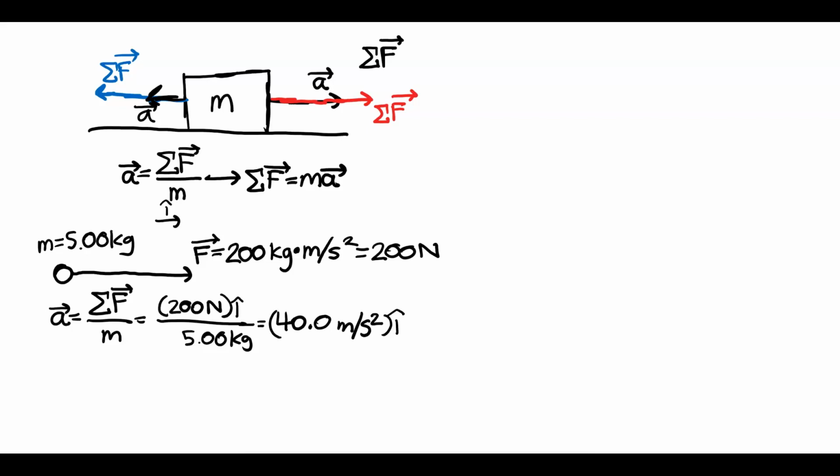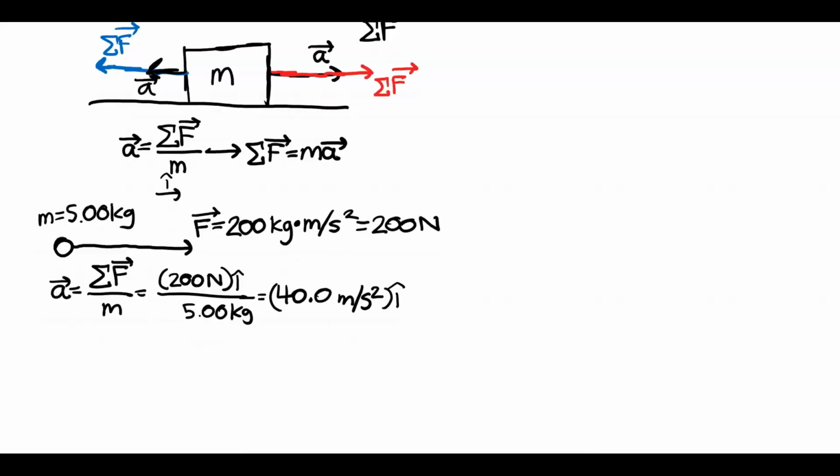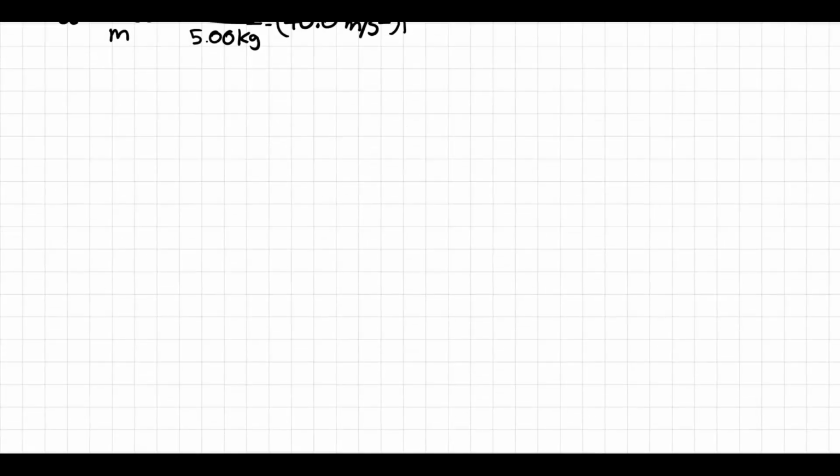See, that was very trivial. Most problems are not as simple. Let's make it a little harder. Let's say you have a box. So one person is pulling it at a force of 300 newtons to the right.